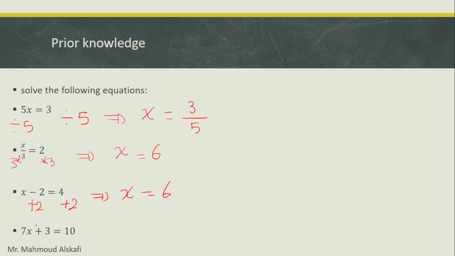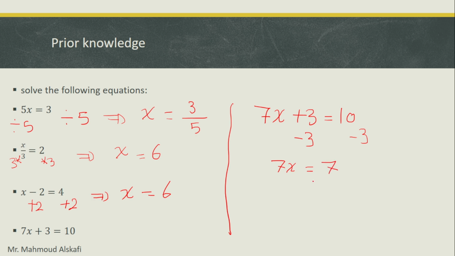Now the last one, let us repeat it here and solve it. 7x plus 3 equals 10. In this case, we have more than one step to solve it, not just one step. The first step, we minus 3 from both sides, so that gives us 7x equals 7.